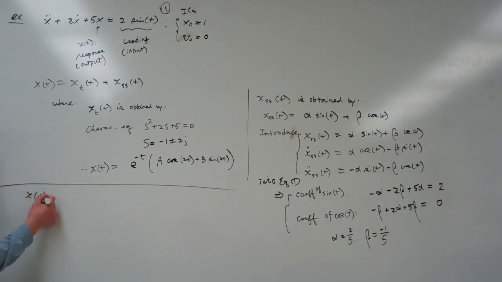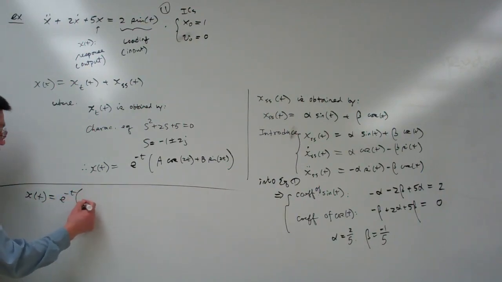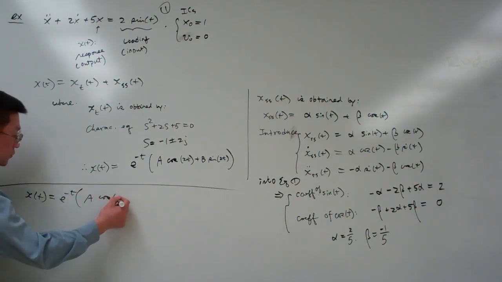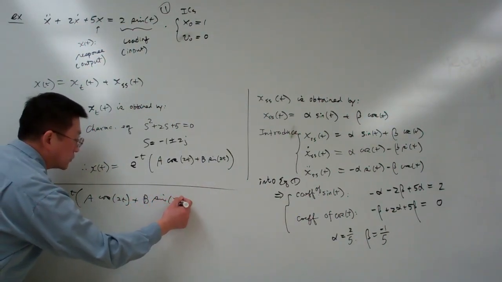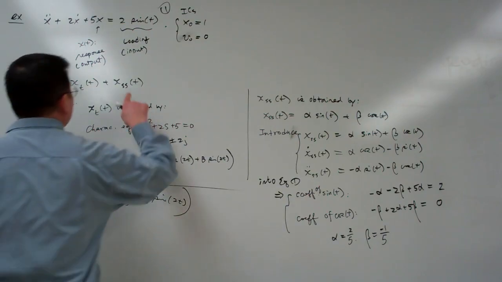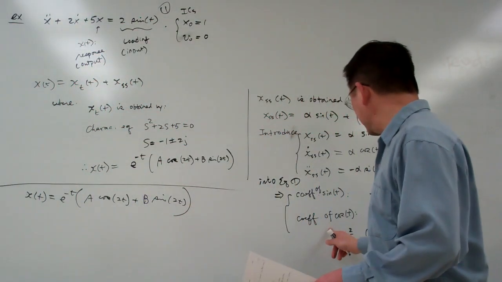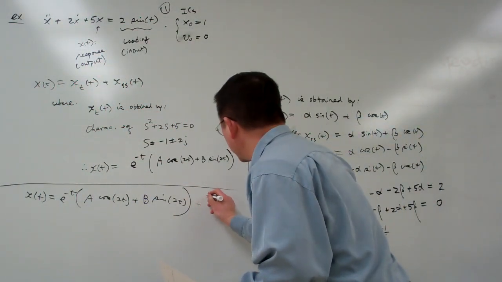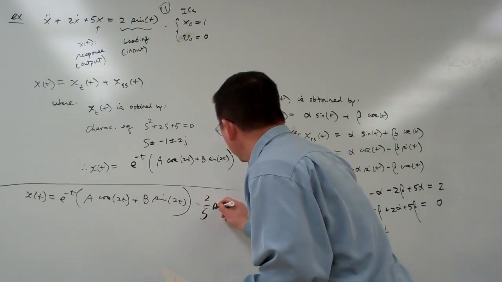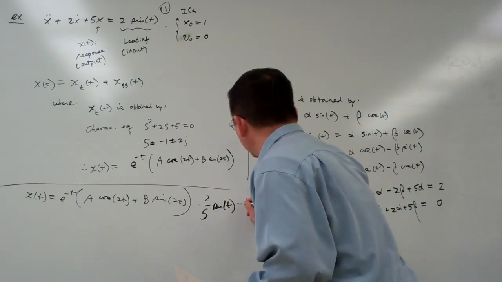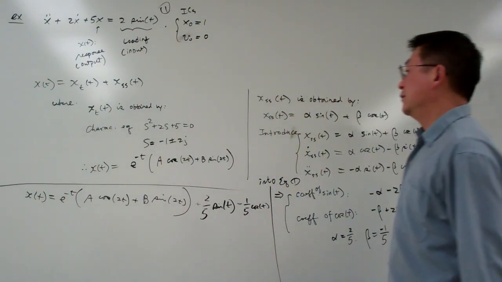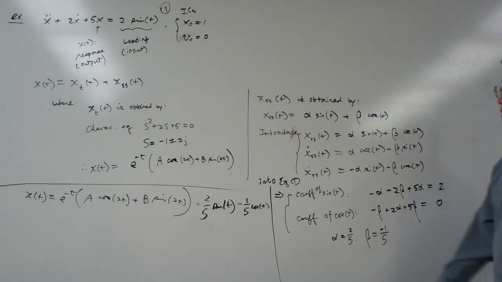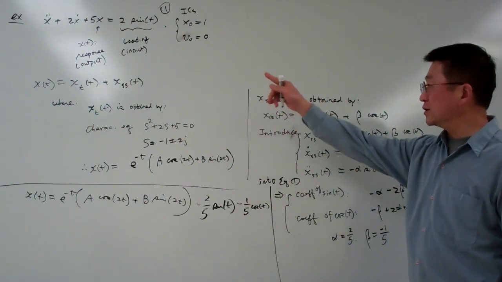Putting everything together, x(t) equals e to the minus t times (A cosine 2t plus B sine 2t), plus the particular solution, which is 2/5 sine t minus 1/5 cosine t. So this is the complete solution.